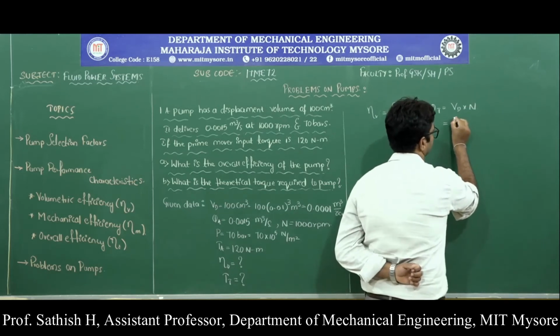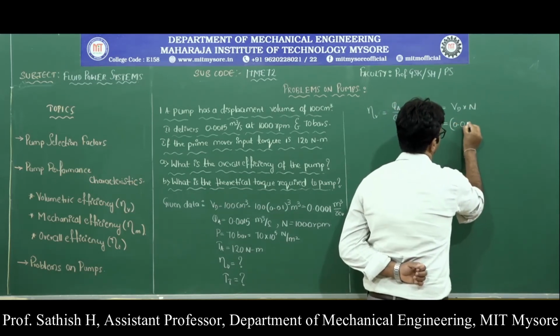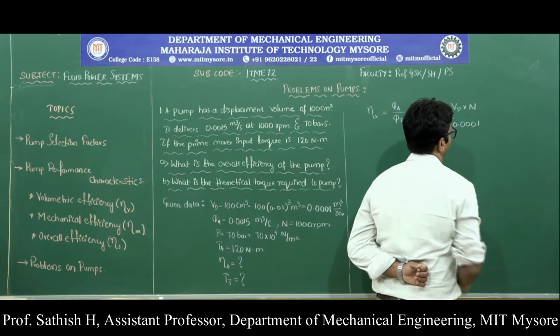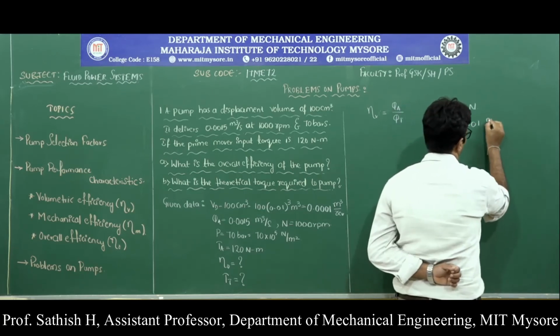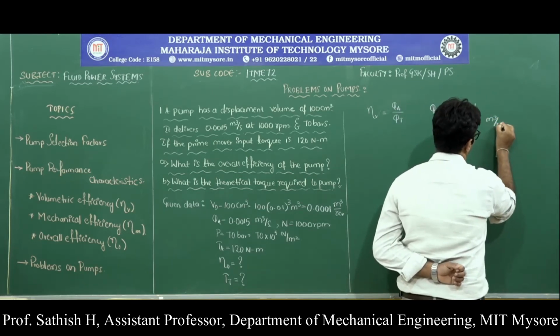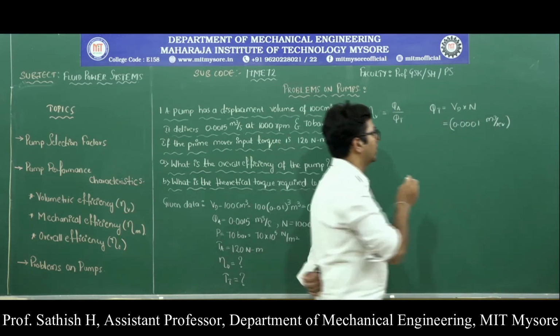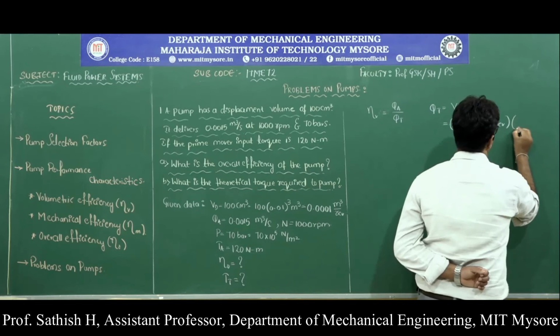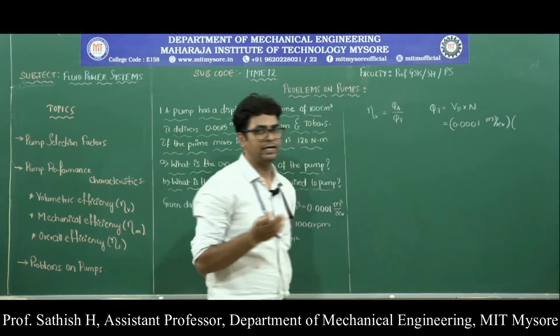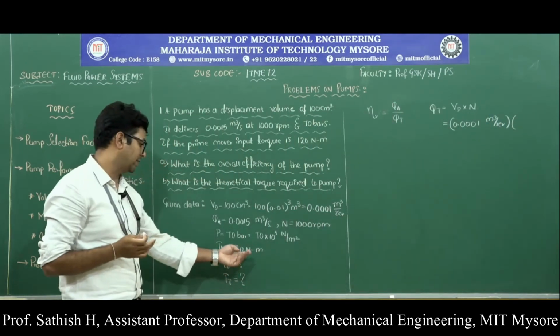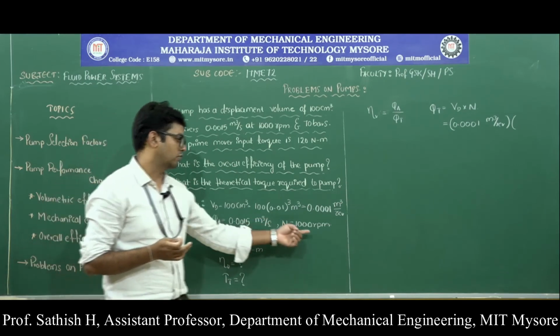I am going to substitute this, in terms of meter cube per revolution. I will write the units for understanding. This is multiplied by N, the speed of the pump, given as 1000 rpm.